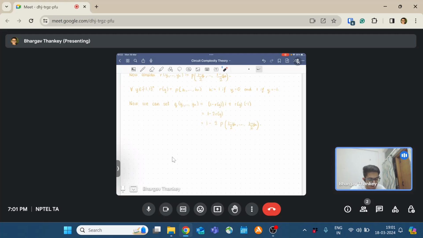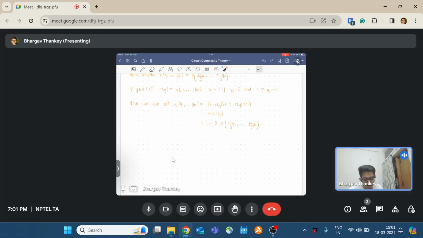And if the value of p were 1, you would get minus 1, right? Similarly, when you plug in the all zeros string, you would get all ones over here. And again, if the value of p was 1, you would get minus 1. If the value of p was 0, you would get 1, right?